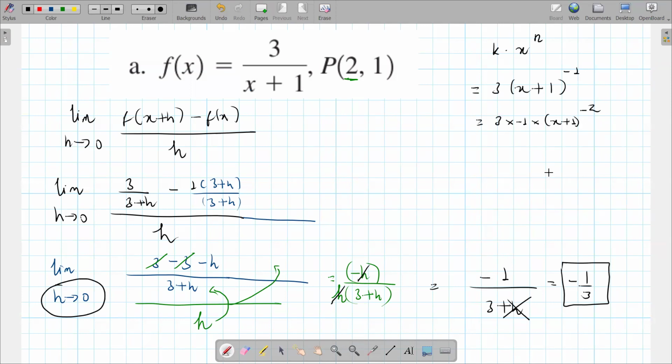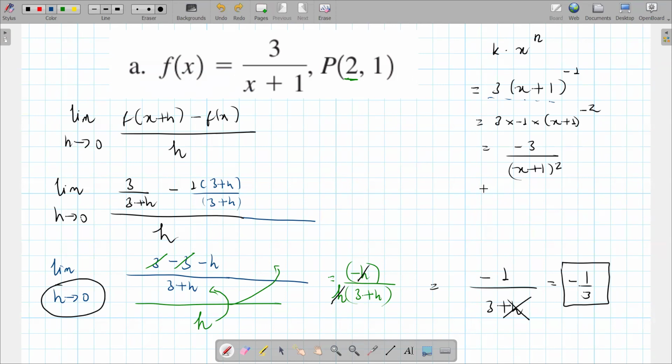So -2, like that. So it's -3 over x plus 1 squared. That's the derivative function. Notice it's not a polynomial, but the shortcut also works as long as it's in this form.